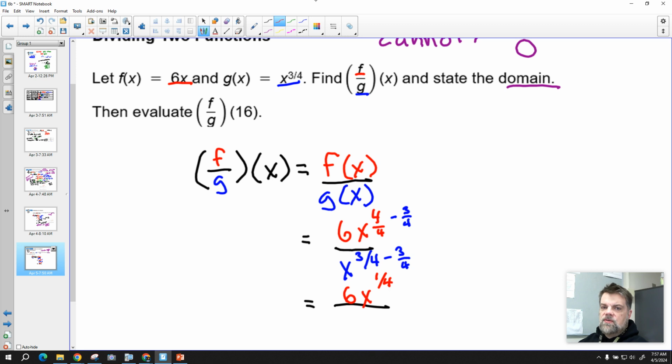And then what is 3/4 minus 3/4? Well, this just becomes 0, doesn't it? And then what is x to the 0 power? It's just 1.